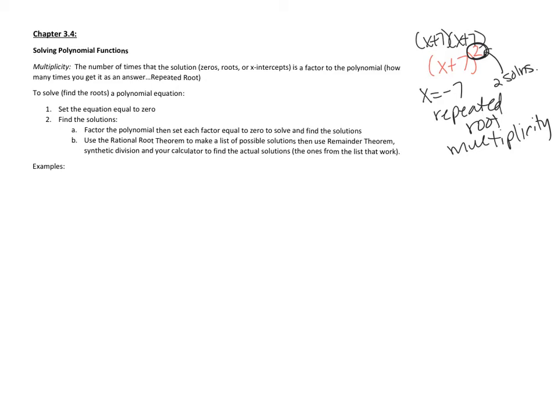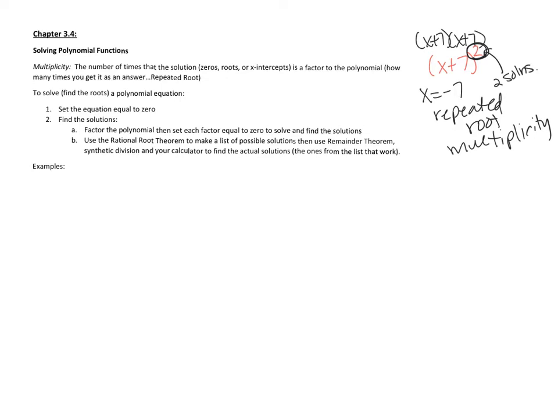Or I can use those theorems that we looked at, where I'm going to use my rational root theorem to make my list. I'm then going to use either synthetic division or my factor theorem to plug in, or synthetic division with that value, and then I'll be able to see if the remainder is 0, meaning I have a solution.